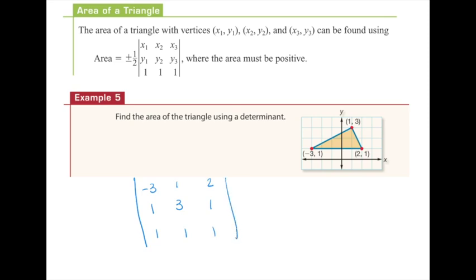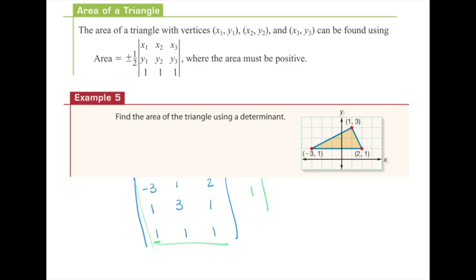Now, personally, I would do the 2 by 2 method here because I have ones in front of it. And so if I were going to do this, I would actually choose this row and I would do 2 by 2s. So I would say this 1 times the 2 by 2 that's left over.